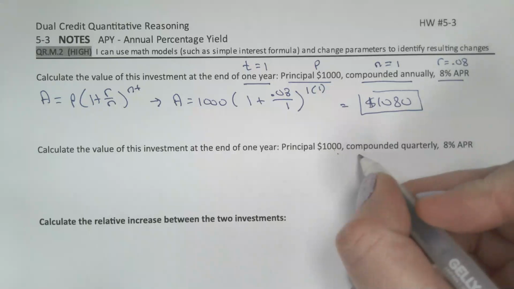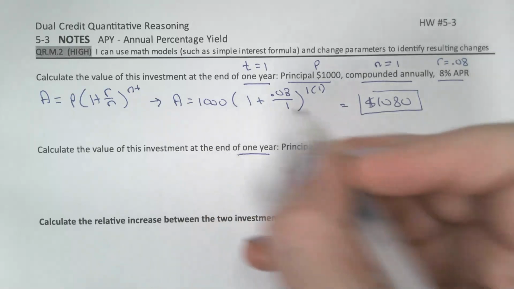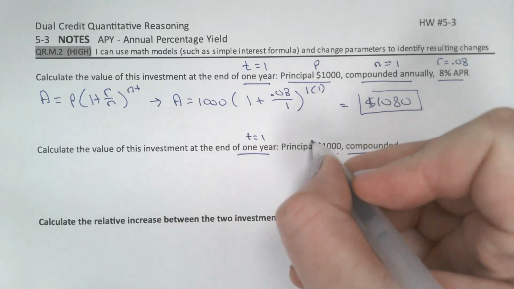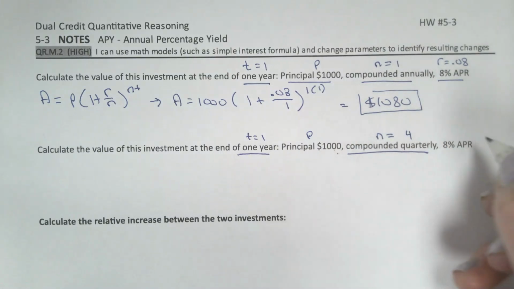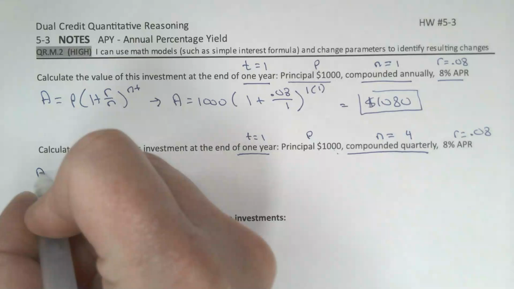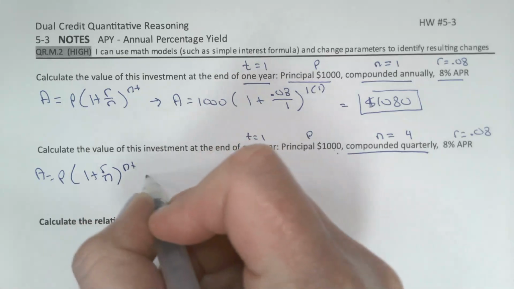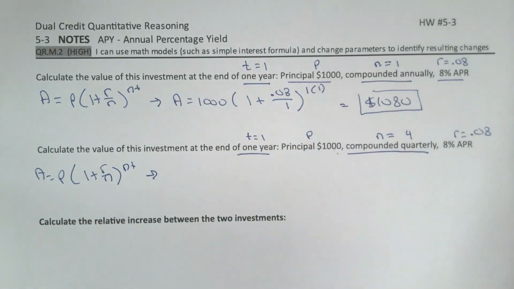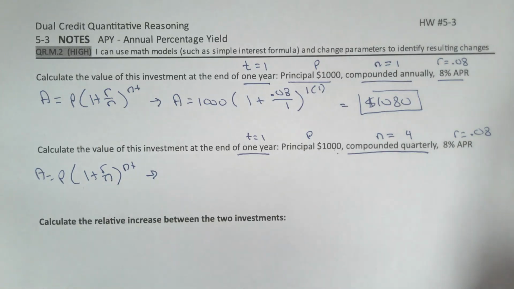Now we're going to take this and we are going to compound it quarterly. So at the end of 1 year, T is still 1, P is still 1,000, but now N is 4 and R is still 0.08. So now I'm just substituting all these values into my compound formula.